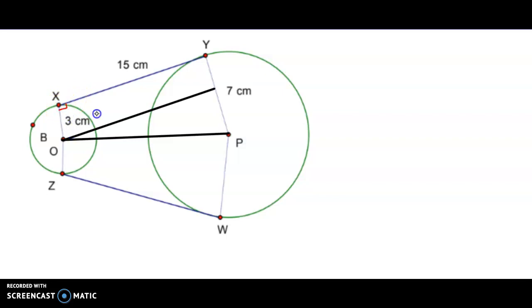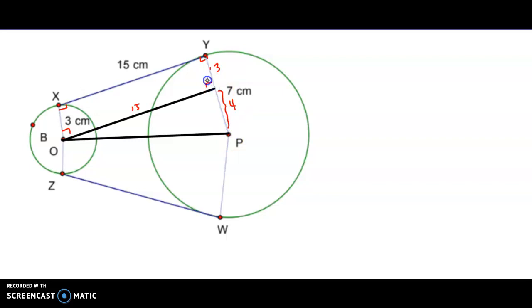And so if this is parallel, then what we're actually creating here is a rectangle. So if this is 15, then this must be 15. If this radius is 3, then this is 3 right here, which means, if this whole radius is 7, then the leftover right here is 4.